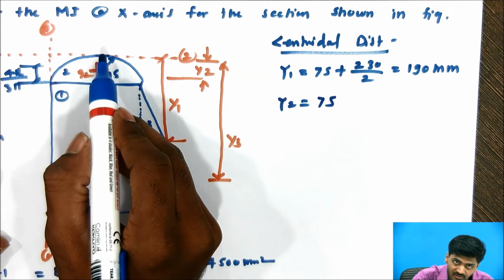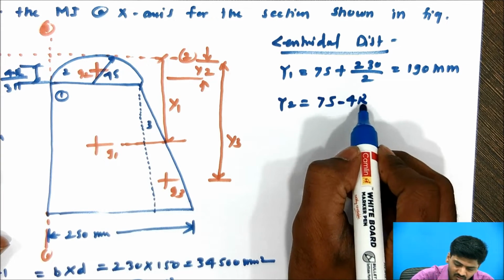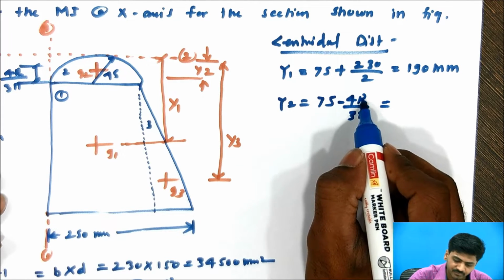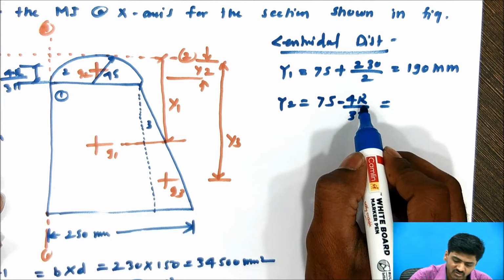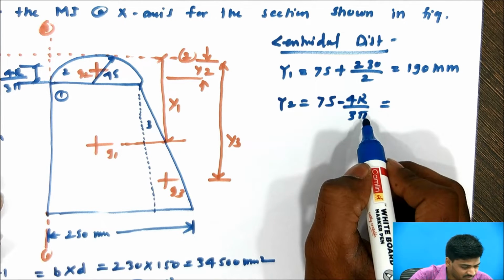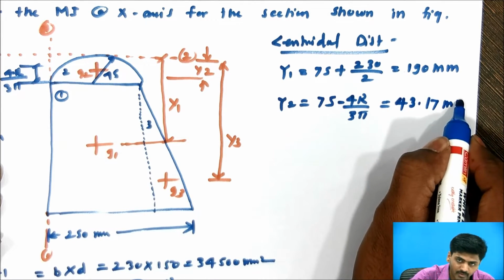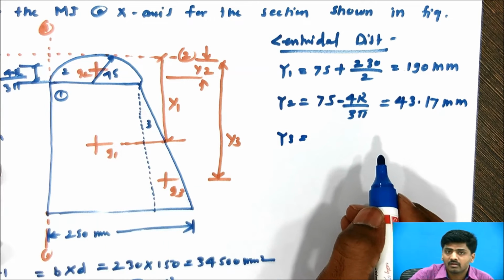We need this particular height. This is nothing but your y2. 75 minus 4r upon 3 pi. So r is 75. 75 minus 4 into 75 divided by 3 pi. You will get 43.17 mm.